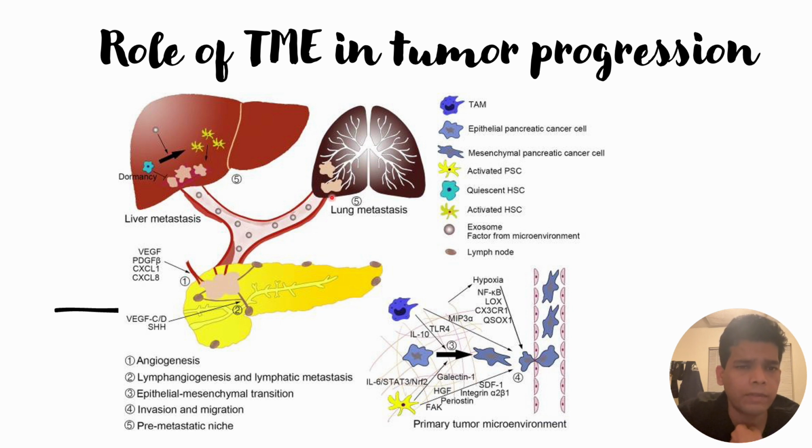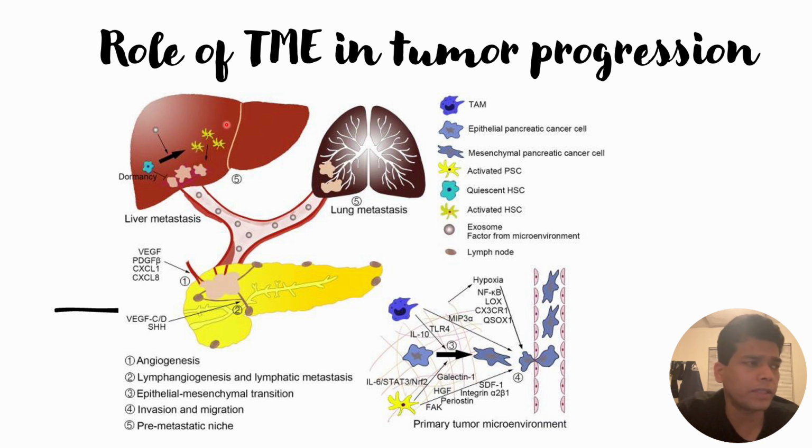And that thing is being shown here, that the metastasis occurs and the tumor cells will move into the lungs, where it will promote lung metastasis, and then it will move into the liver, where it will promote metastasis that leads to the activation of PSC and desmoplasia formation.